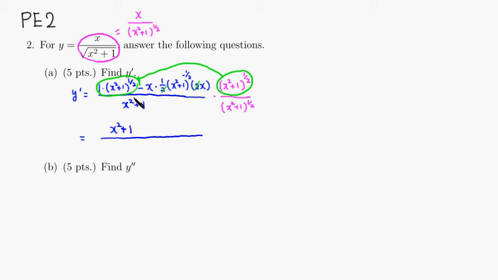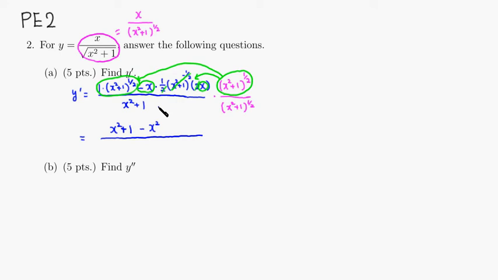Then if you distribute this guy to the second term, you can see that this is just the reciprocal of the square root of x squared plus 1, so this cancels out with this. That's gone, and what's left is negative x squared. So you have minus x squared.